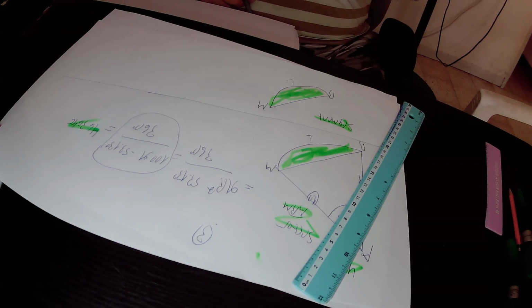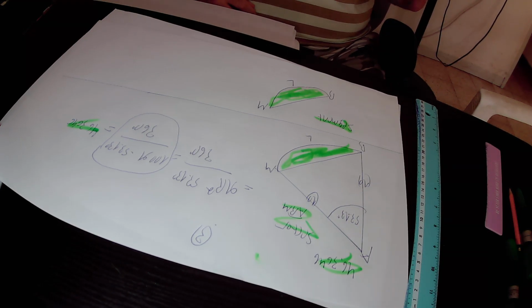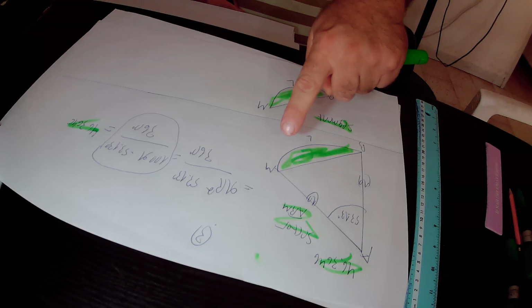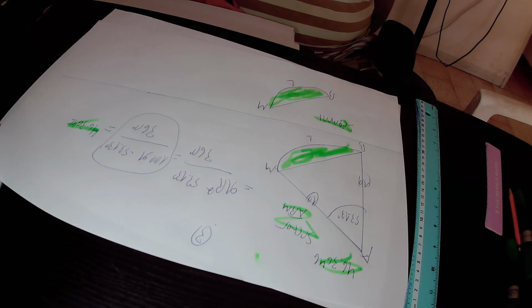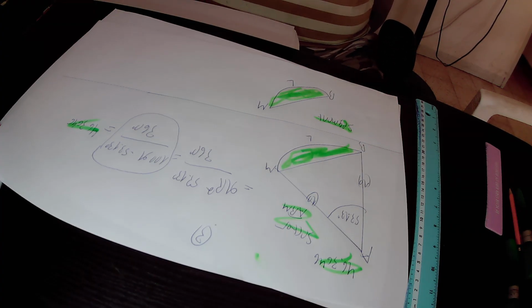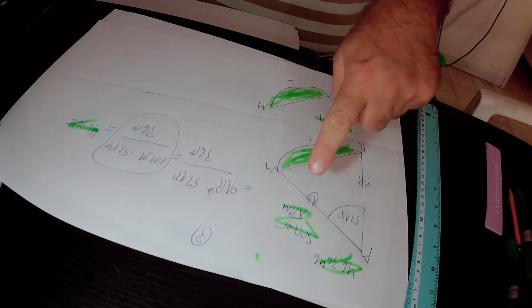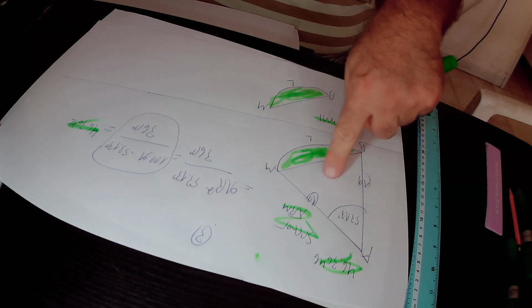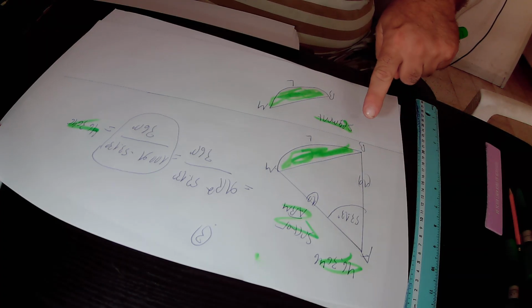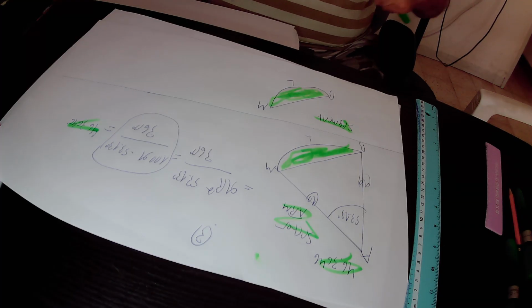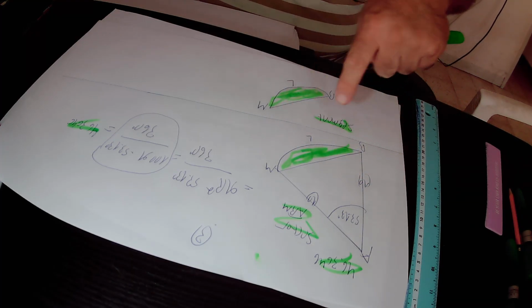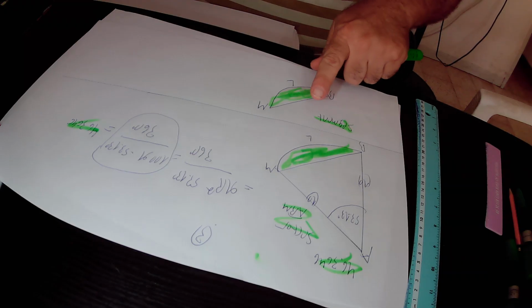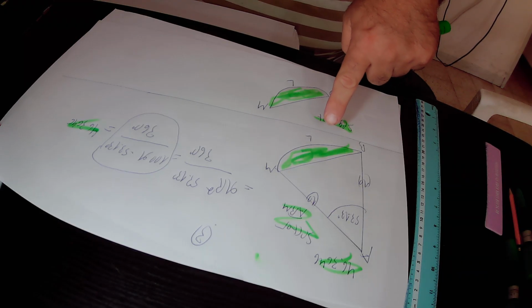Again, this is the lower segment BLM. We have to find the area of this lower segment. From the drawing, it is the same lower segment here, BLM. So from the drawing, it is very easy to see that if you remove from this sector ABM this triangle ABM, we get exactly this segment BLM.